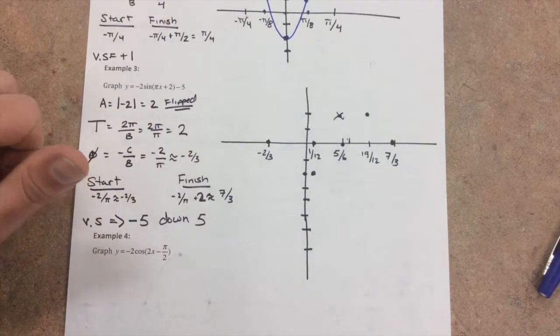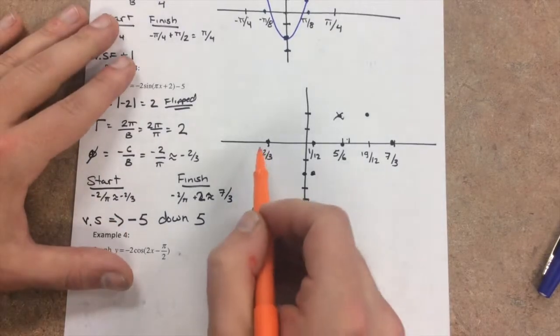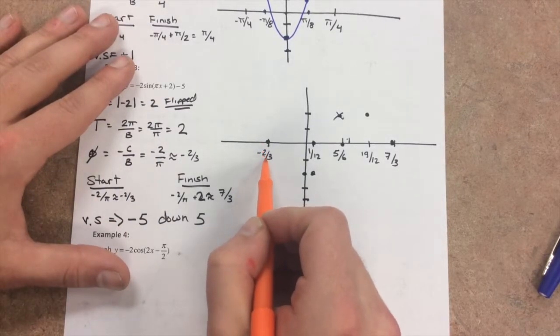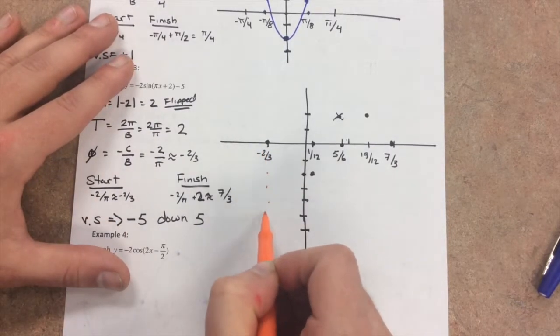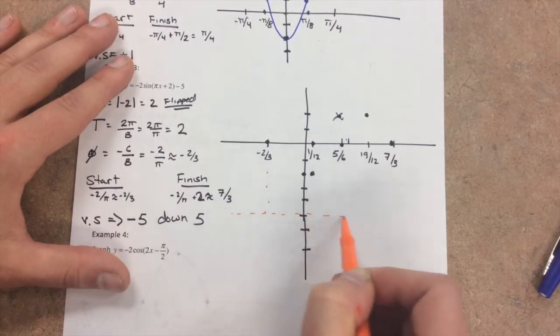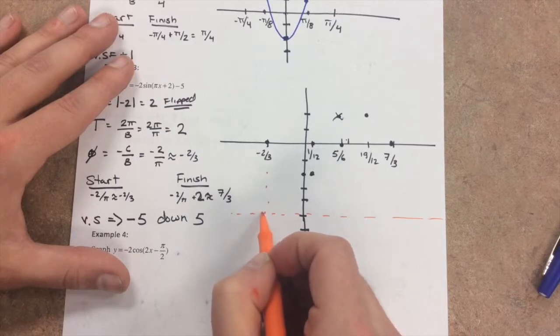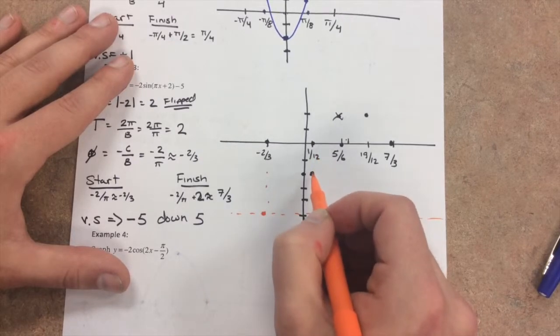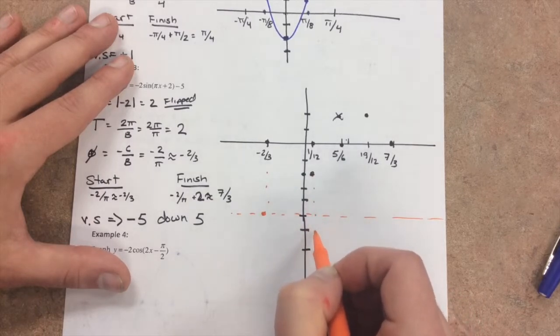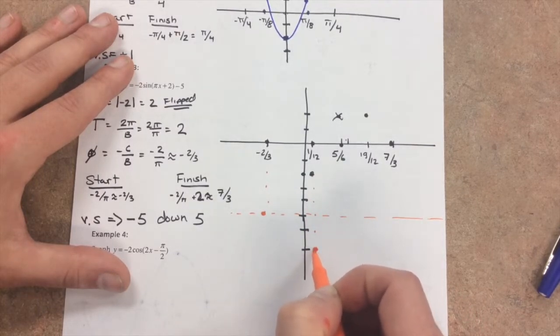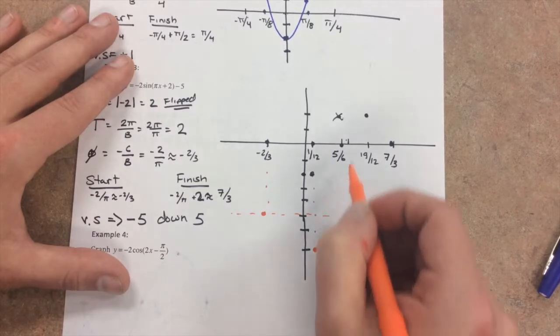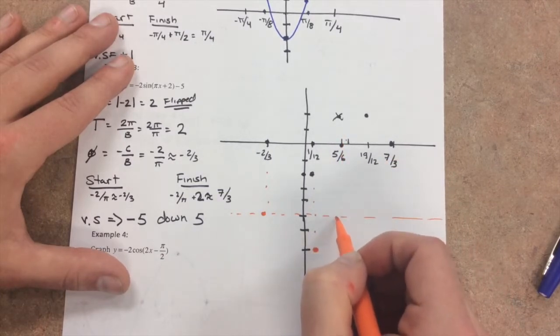But all of these points are shifted down 5. So instead of being at 0, we're going to be at 1, 2, 3, 4, 5. So this is our new origin. This point right here is shifted down 5. This point here would be back here.